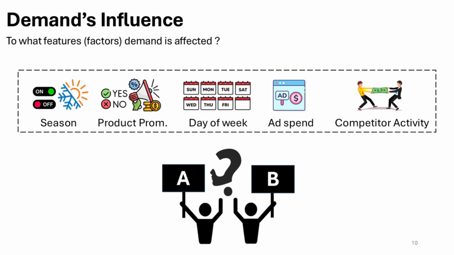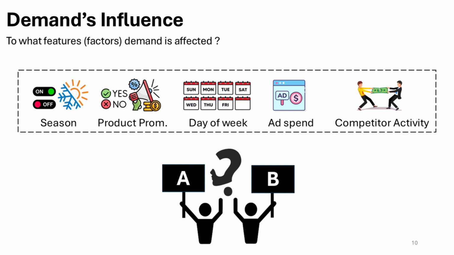To predict demand accurately, we must understand the factors or features that influence our customers. We have identified 5 main factors for our products. First is the season. For example, do people buy more navigation tablets during the summer travel months? Second, product promotions. We track whether a buy one get one free deal or a discount is currently active.